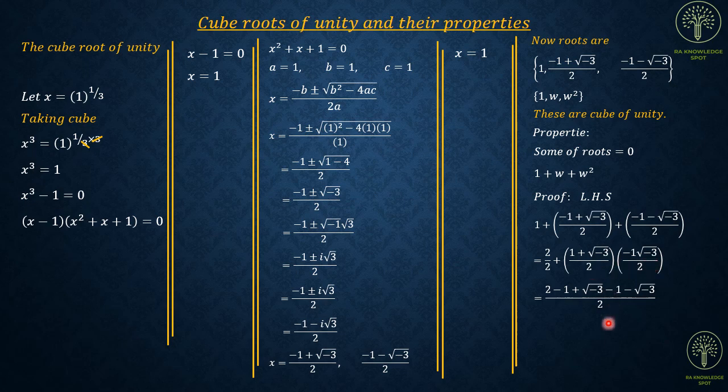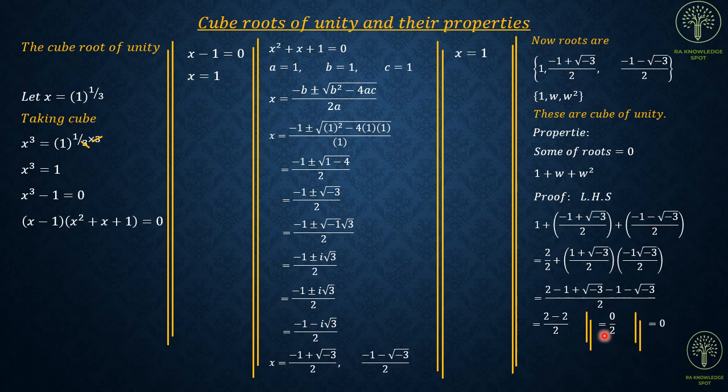After taking LCM, as these are three fractions, we simply write 2 in the denominator because the denominators are the same, and the numerator will be 2 plus minus 1 plus root 3 minus 1 minus root 3. Moving to the next step, minus under root 3 and plus under root 3 cancel out. Then minus 1 and minus 1 will give you minus 2.